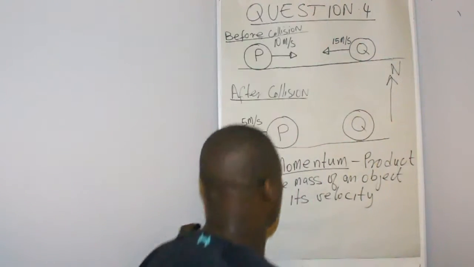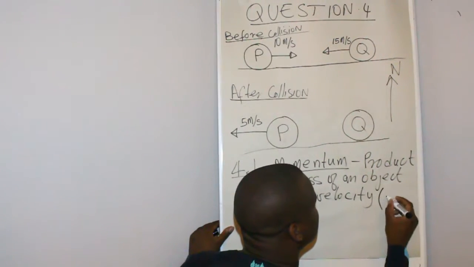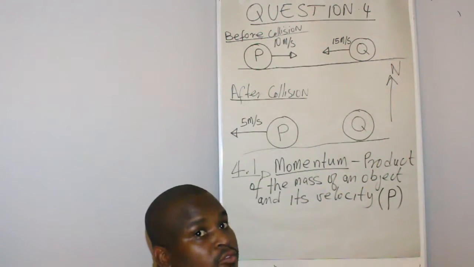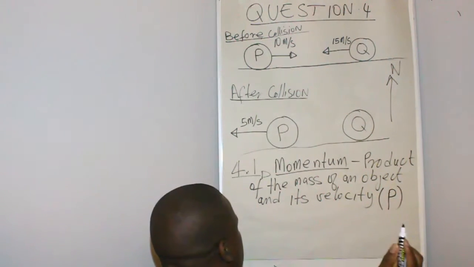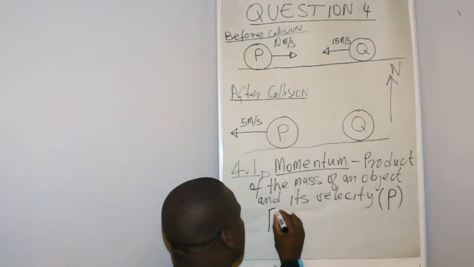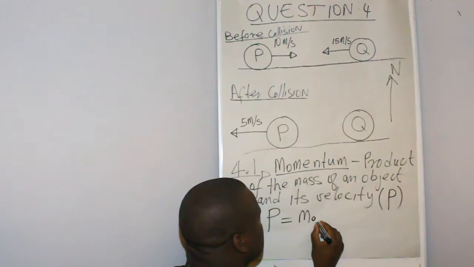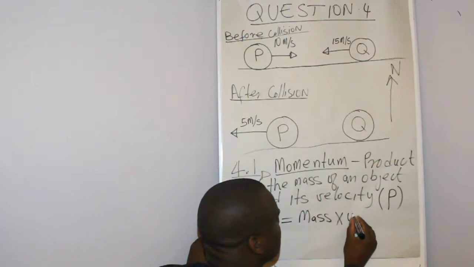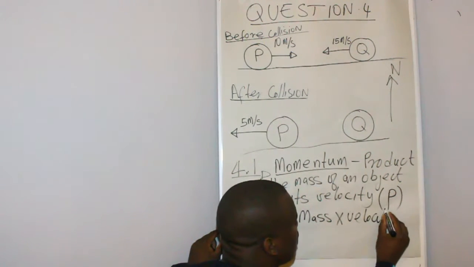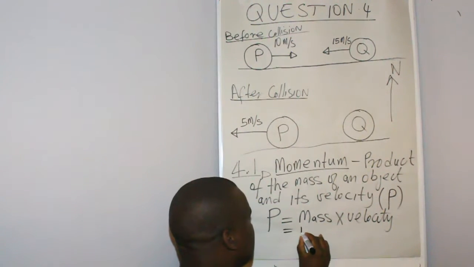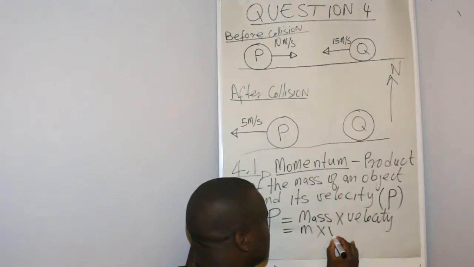The symbol for momentum is p. So we can write it mathematically: momentum is equal to mass times velocity, or for short, m times v, or others just say mv.